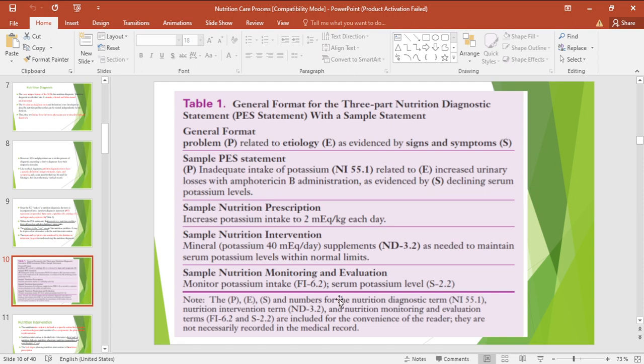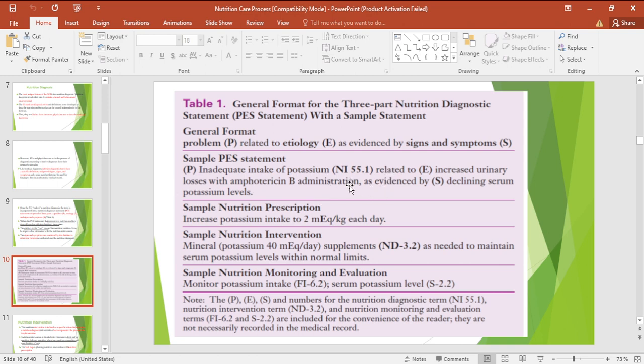So we're having inadequate intake of potassium related to increased urinary losses with amphotericin B administration, and this is evidenced by the declining serum potassium levels, and this is the sign that is showing us that there is inadequate intake of potassium. The evidence here is the declining serum potassium levels.